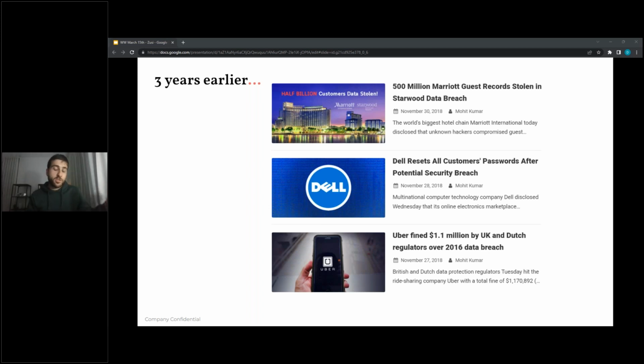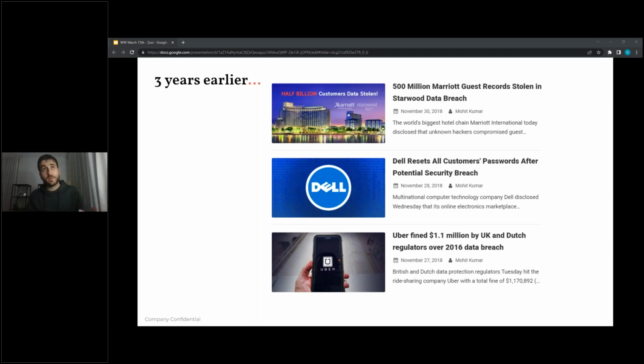The breach was believed to have begun back in 2014 in Starwood, a company that Marriott acquired, and they inherited its security flaws. They had a database open to the internet with Telnet and RDP connections open, and their entire reservation system was compromised that way.